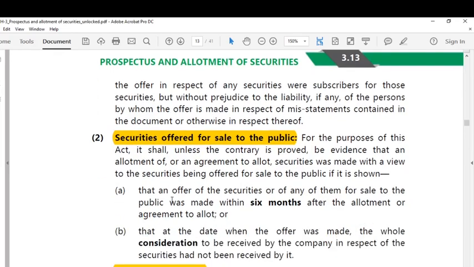The second point says that securities offered for sale to the public, so we call it OFS, offer for sale of securities to the public, is also considered to be a prospectus, which is a deemed prospectus.